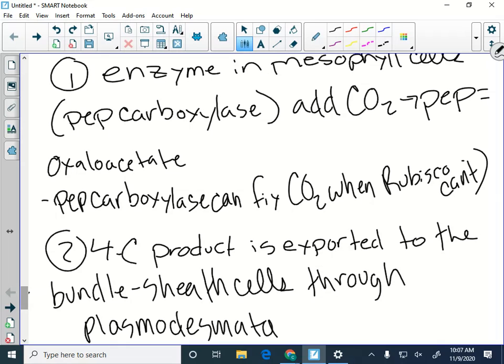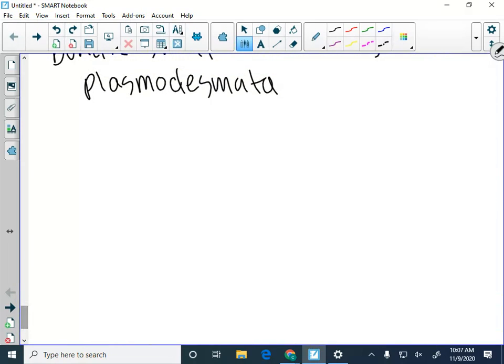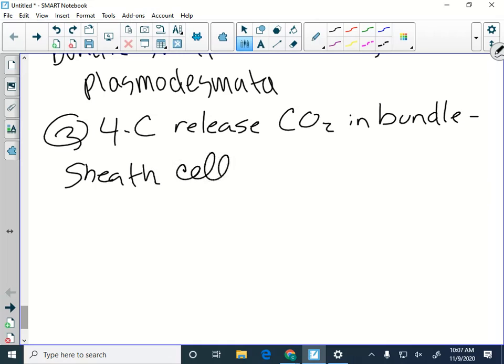Step 3. Our 4-carbon compound will release CO2 in the bundle sheath cells. That is fixed by Rubisco.